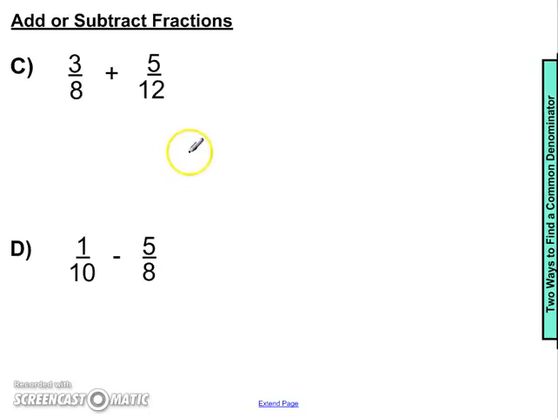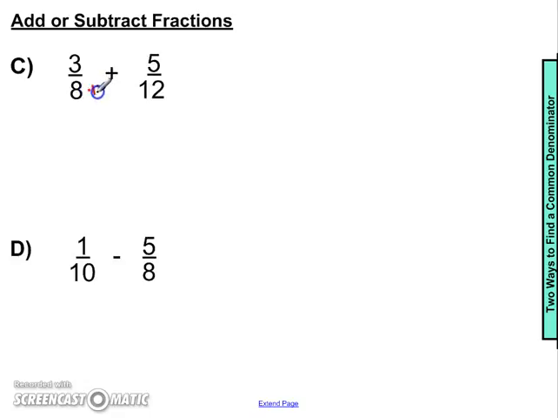All right, again, my rules, which I'm not going to pull out, you have them on another sheet of paper. All right, so we need a common denominator for 8 and 12. Now, again, if you don't realize that 8 and 12 both go into 24, you could do 8 times 12.